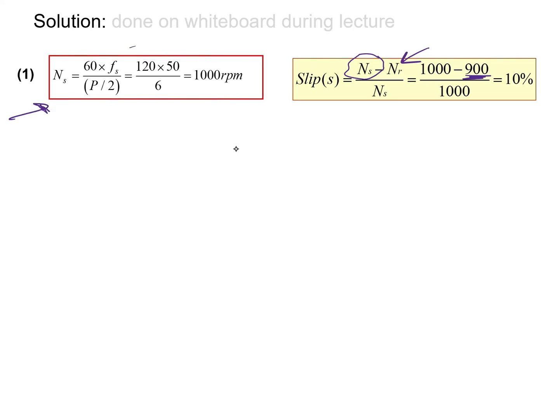It is related to the frequency of the source and the number of poles. So putting these parameters into this formula, we will get the synchronous speed to be 1000 RPM. Now take this value, insert it in the formula of the slip, and you will get S as a percentage, which would be 10%. So we have number 1 done.